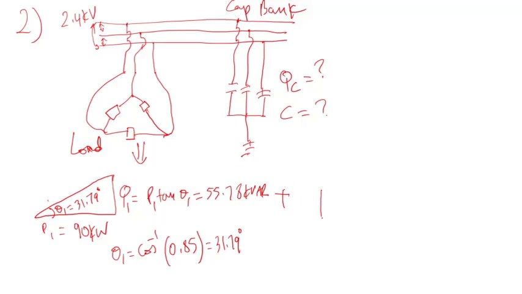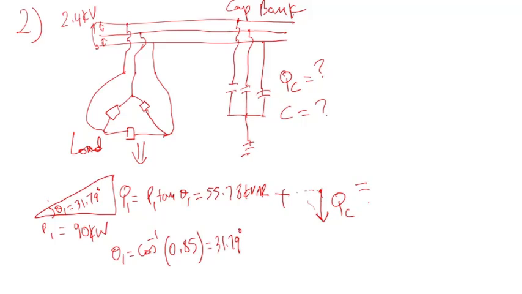The capacitor bank, if we assume it's a lossless capacitor bank, the reactive power will be negative because capacitor banks supply reactive power. P is 0 for a capacitor bank, that's why it only has the reactive power. That's why I'm just showing the reactive power.